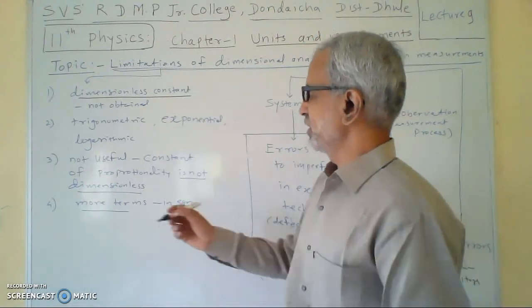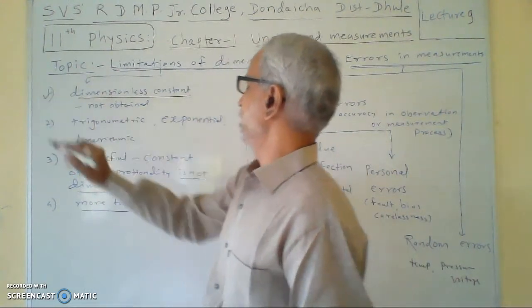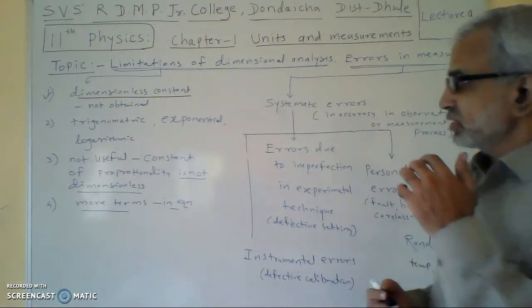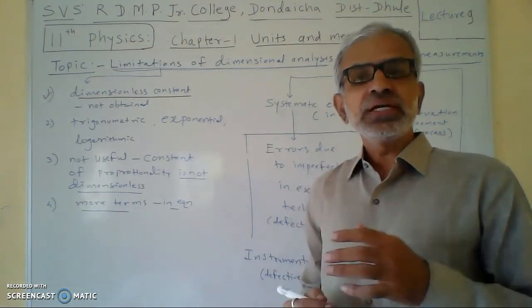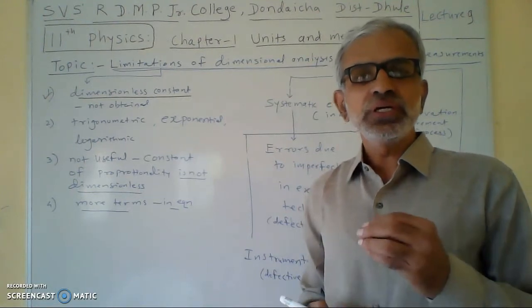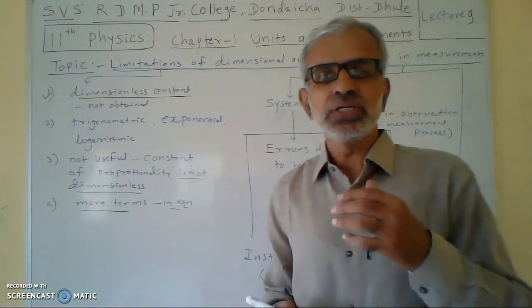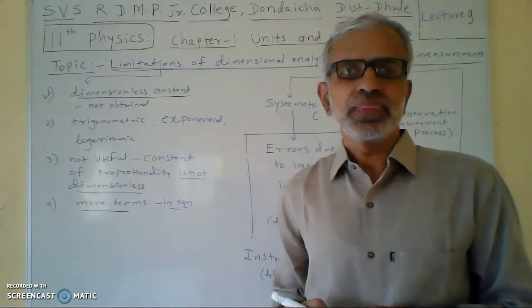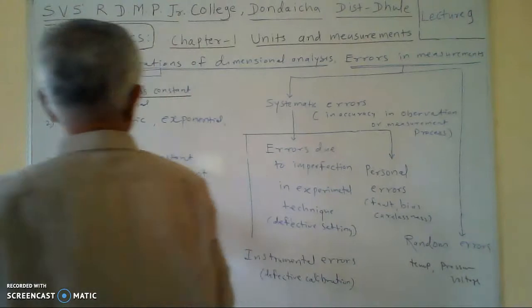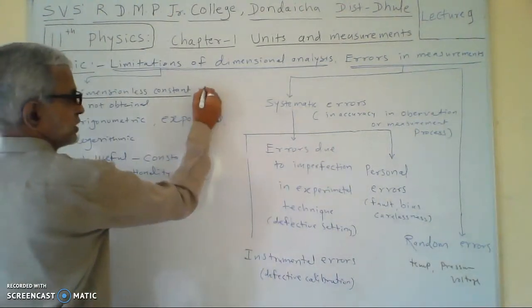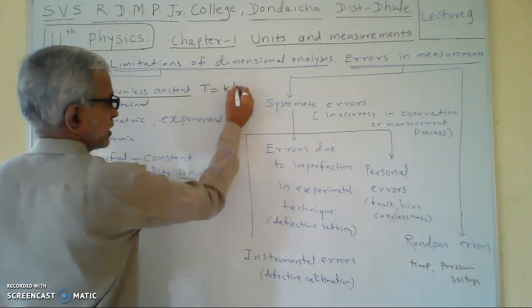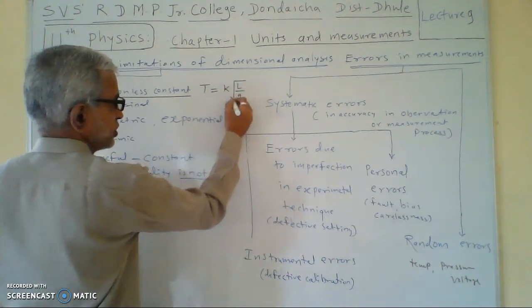Now the first limitation of dimensional analysis is that the dimensionless constant cannot be determined or obtained by using dimensional analysis. Suppose we take the example T equals constant k under root L upon g.